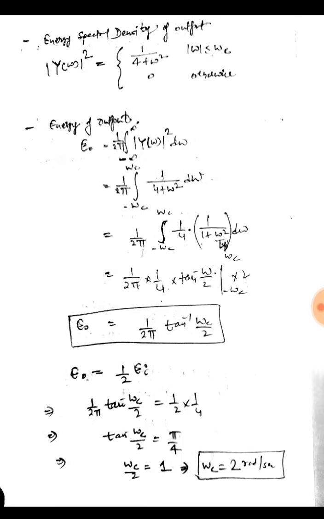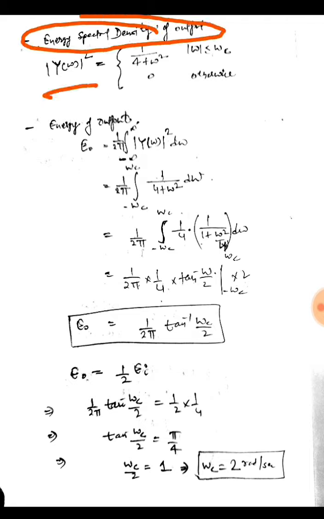Now the energy spectral density of output, that is Y(omega) squared. Energy spectral density is nothing but the energy which is spread across the frequency range, from minus omega c to omega c.